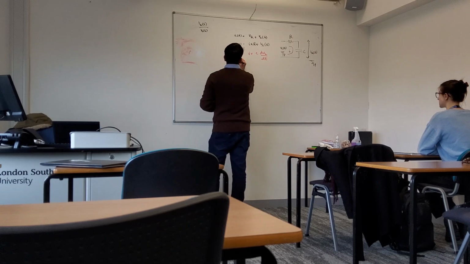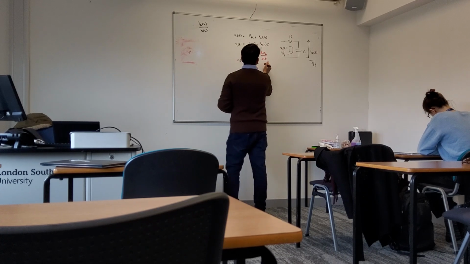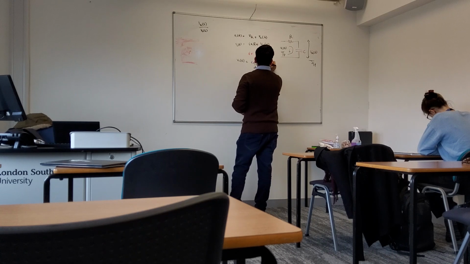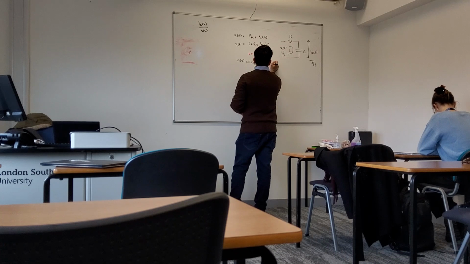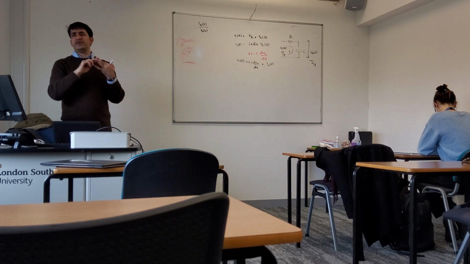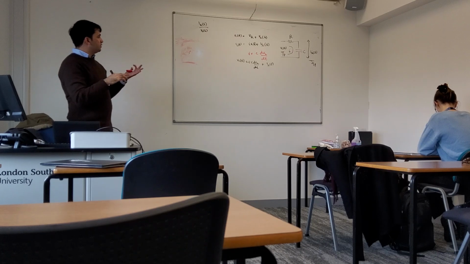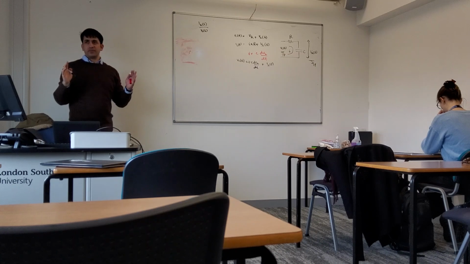So we write V1 of t equals R C dV2 by dt plus V2 of t. Now you can see that we are getting closer, because we have V1, V2 and V2. So now our system is in voltages.